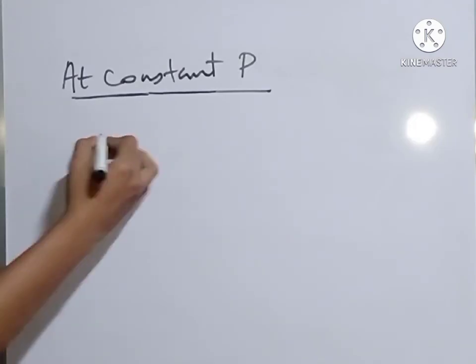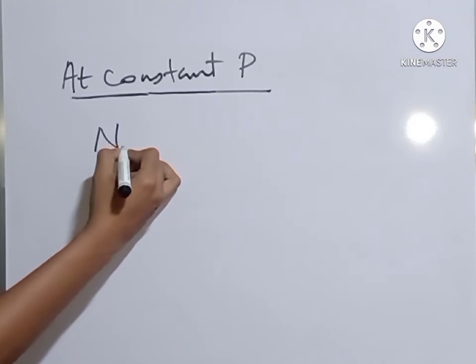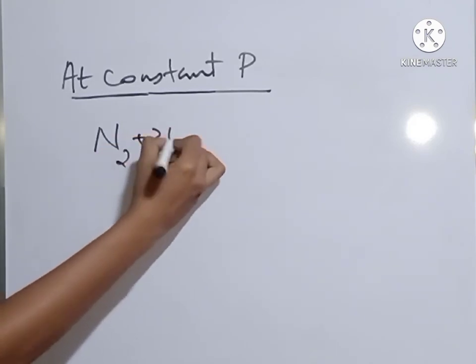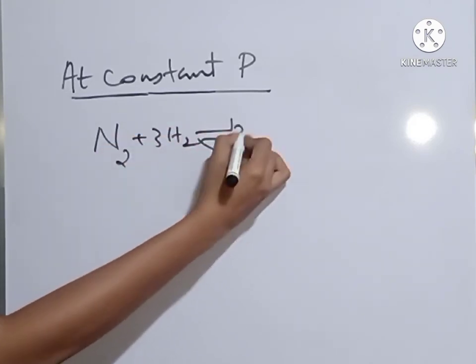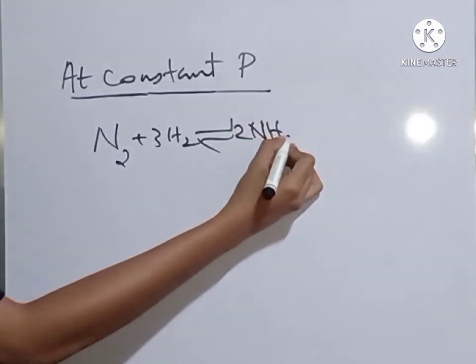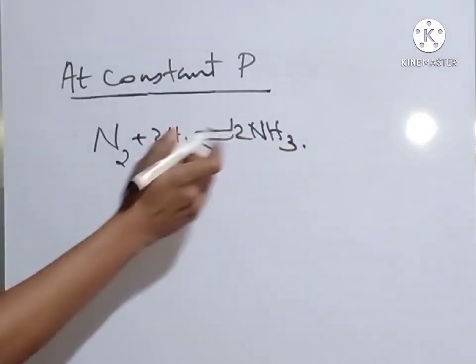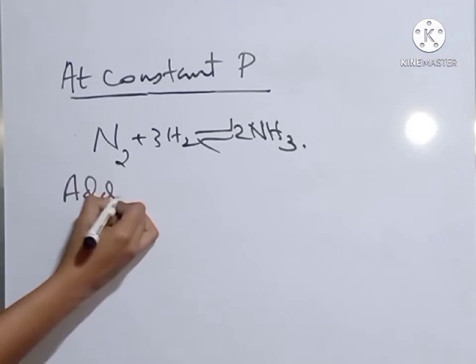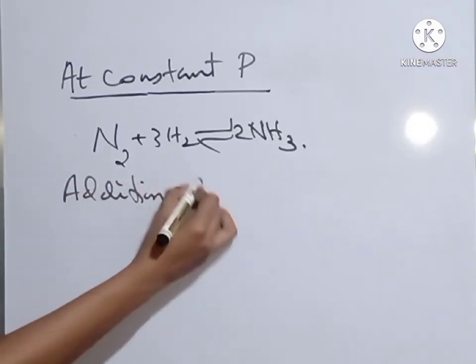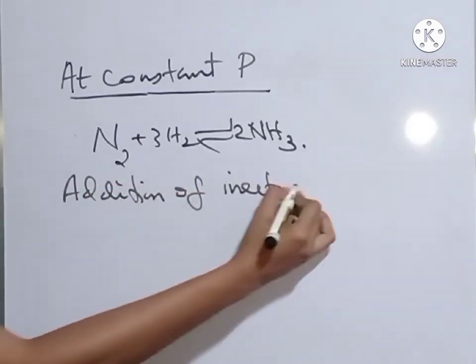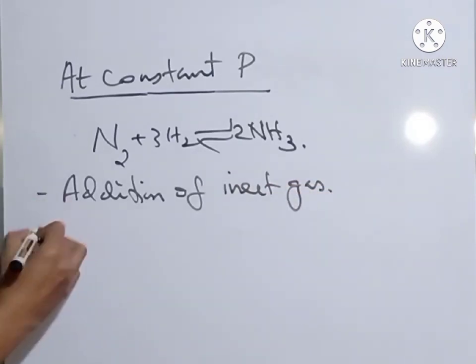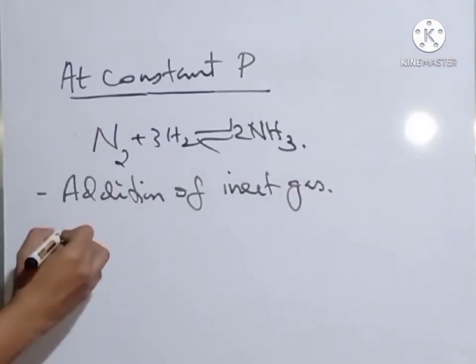For example, in the case of formation of ammonia, at constant pressure, the addition of inert gas shifts the reaction backwards.